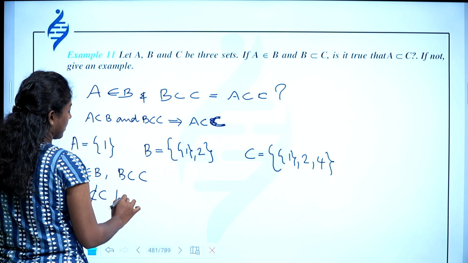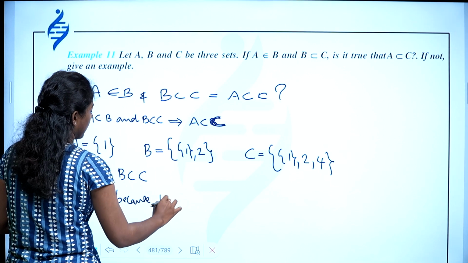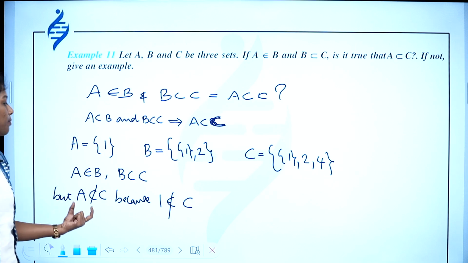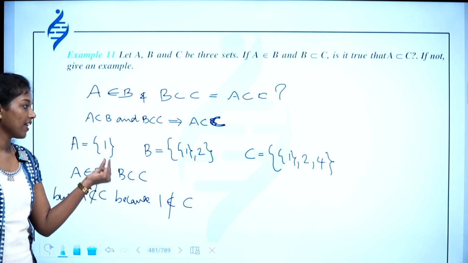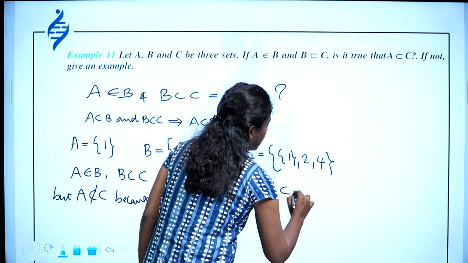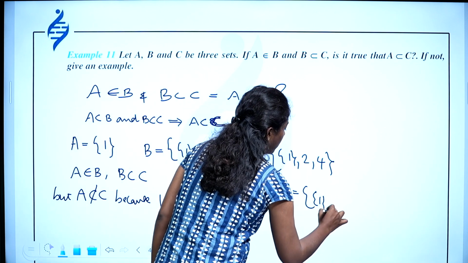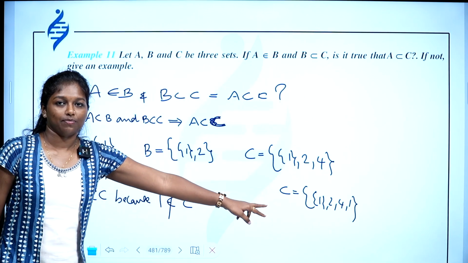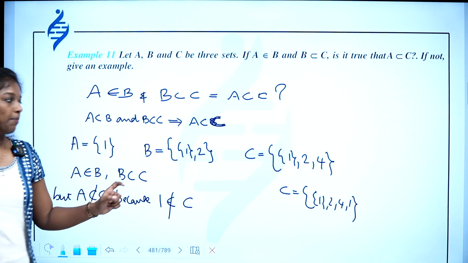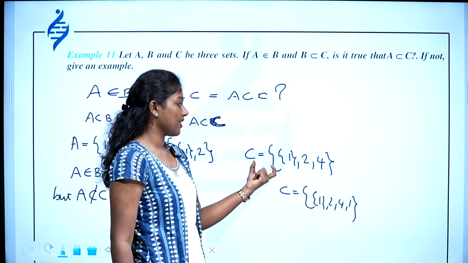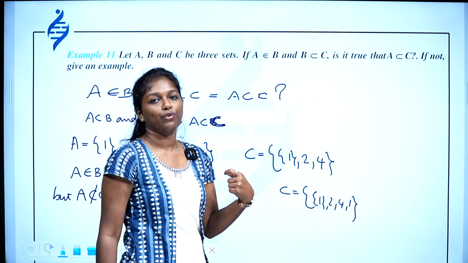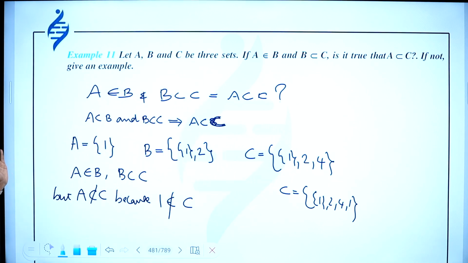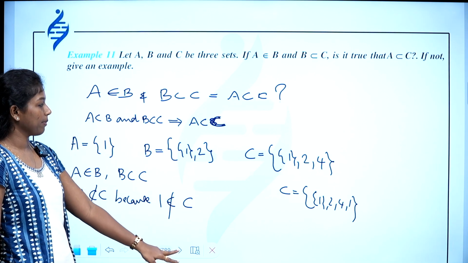Because 1 does not belong to C. For A to be a subset of C, you should have 1 here. If C was {1, 2, 4, 1}... since our C is the set {1, 2, 4}, we are not able to say A is a subset of C. Okay, so this is a counter example and I hope you understood this problem.